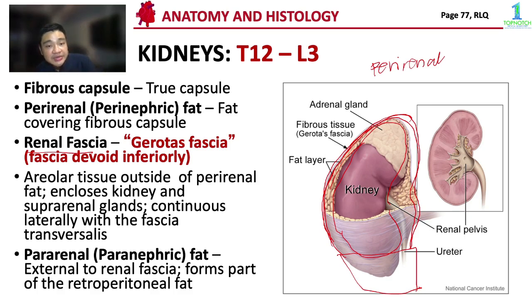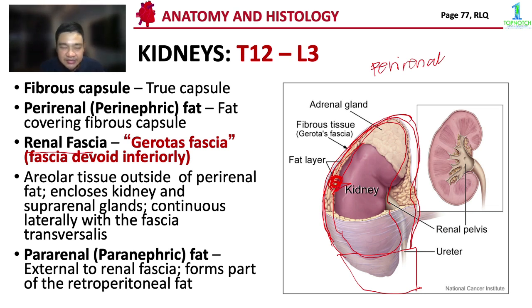So what would be its complication? When we have cases of renal hematoma or bleeding from the kidneys, the bleeding is likely confined inside the Gerota's fascia. Right? That's why it's a good tamponade. Actually, when our kidney bleeds, it is more or less easily contained by your renal fascia.